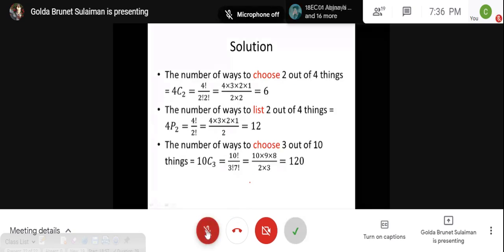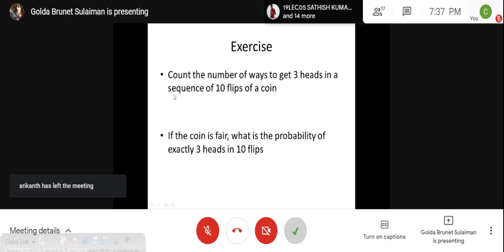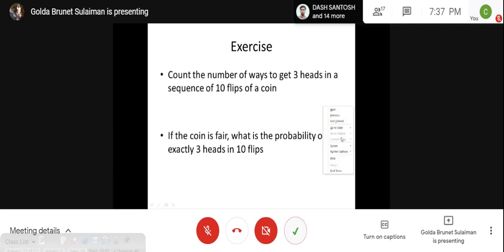Yes, ma'am. Fine. So here is a little, I wouldn't say it's a complex one, but you need to think a little and solve. Maybe I'll give 5 minutes. Count the number of ways to get 3 heads in a sequence of 10 flips of a coin. Maybe I'll underline this sequence.